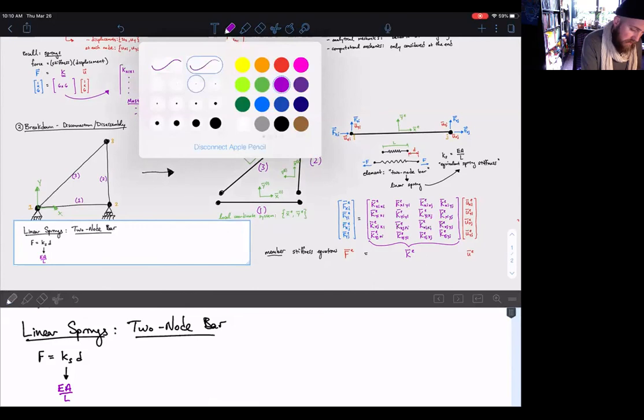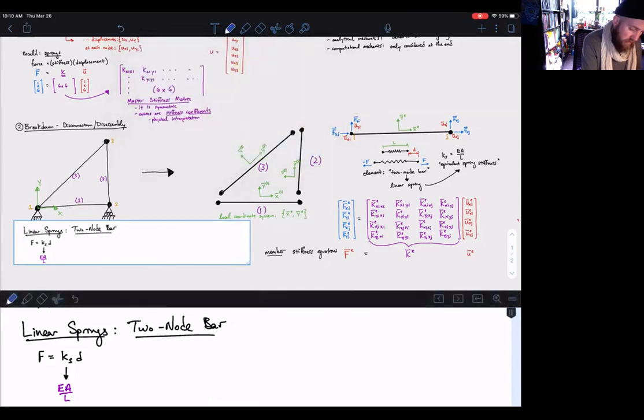Now this structure can only withstand forces in the x direction. And we know that for this structure to be in equilibrium, if there's only forces in the x direction, then those forces have to be equal and opposite to each other.